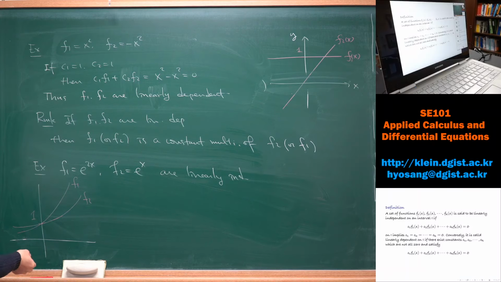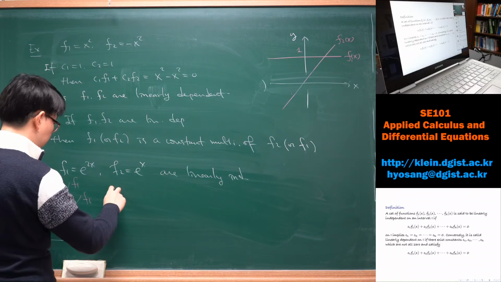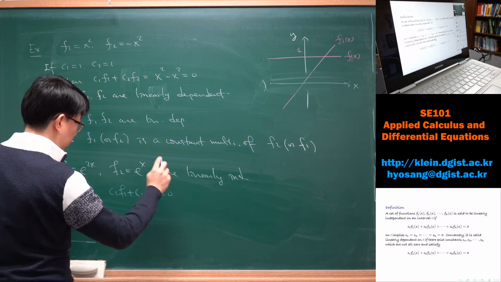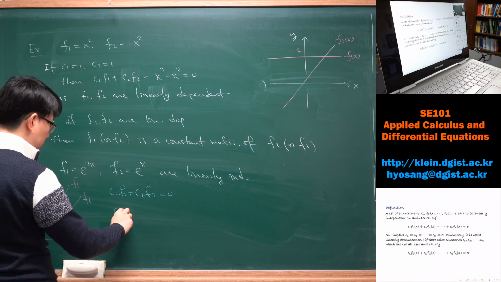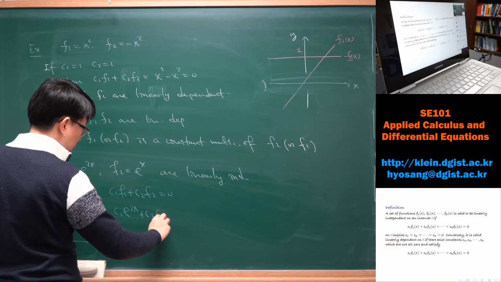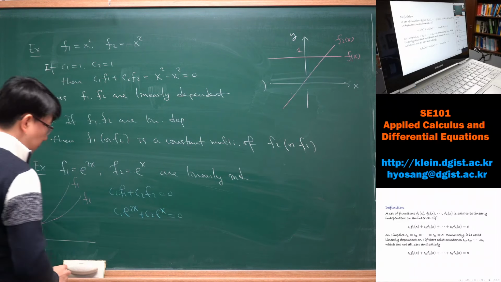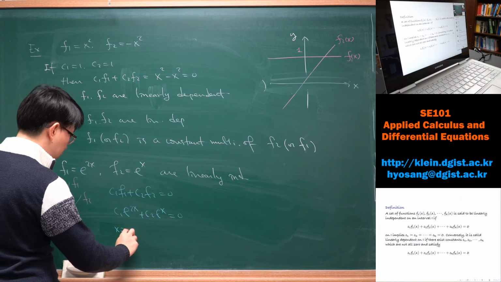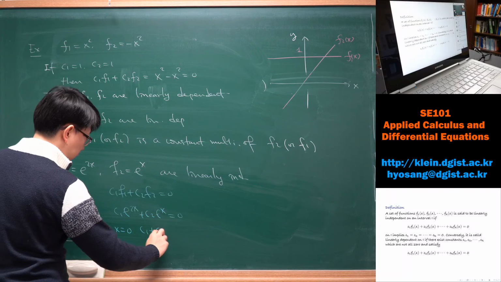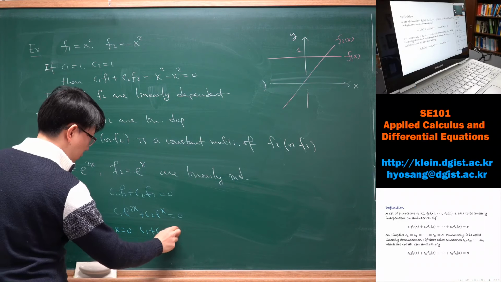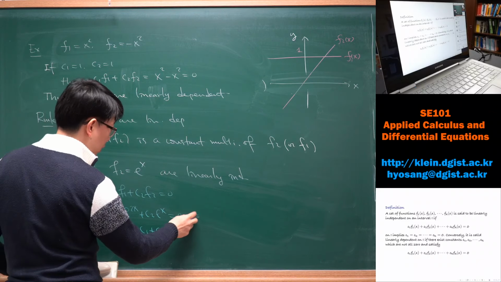However, if you want to check rigorously why these are linearly independent, you can follow the definition. Suppose that we take c1 f1 plus c2 f2 equals 0, which means that c1 e to the 2x plus c2 e to the x equals 0. Just plugging in any number: if x equals 0, then c1 plus c2 equals 0.